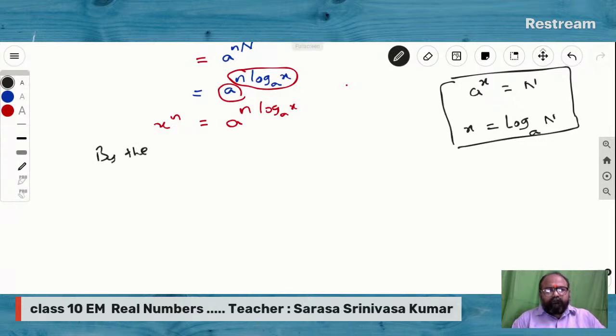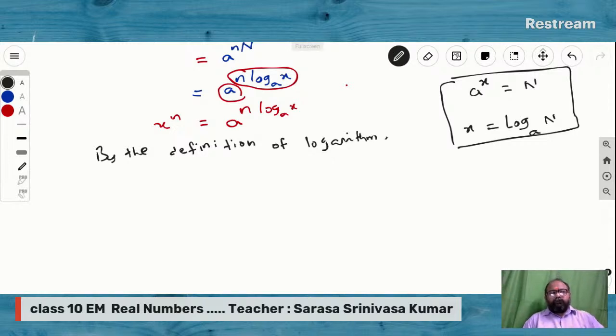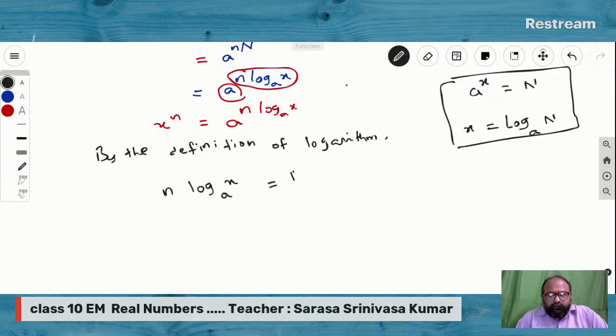By the definition of logarithm, we get n log x base a equal to log x power n base a.